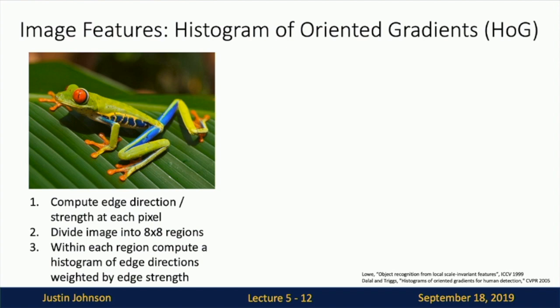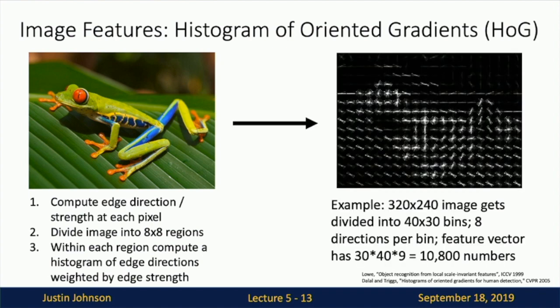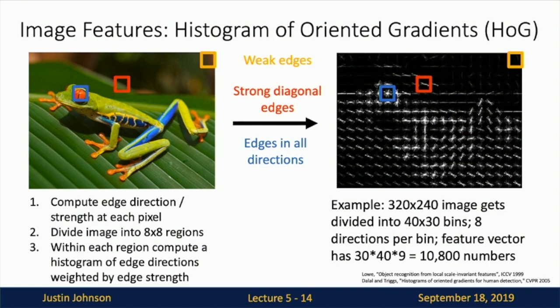The histogram of oriented gradients representation does something of the opposite. It throws away all of the color information because it only cares about local edge orientations and strengths, and instead tells us something about the local orientations and strengths of edges at every position in the input image.